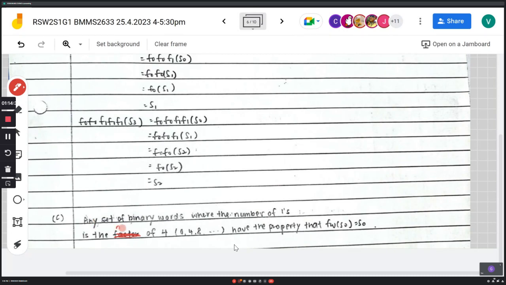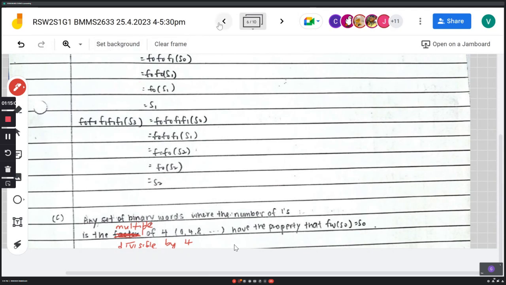It's a multiple of 4, or divisible by 4. So the number of 1s is either 4, 8, 12, and so on. Then we will get back to S0.